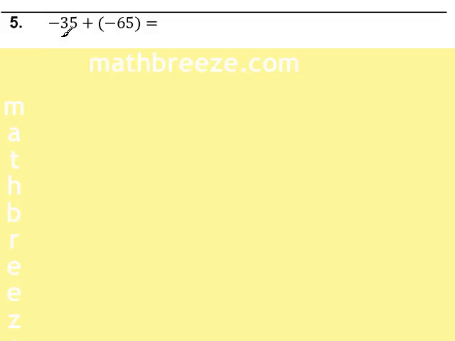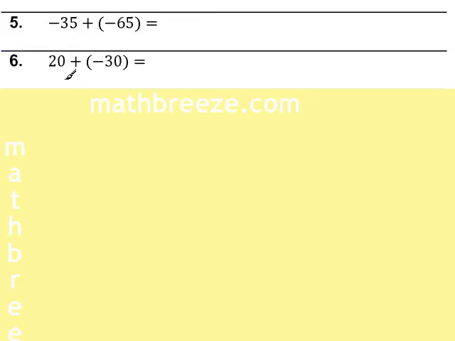In number 5, again, we have two negatives, a negative 35 and a negative 65. Add in the usual way. 35 and 65 is 100, so we have negative 100. Here we have a positive and a negative. Subtract, do 30 minus 20, and we get 10, and since the bigger is negative, that would be negative 10.